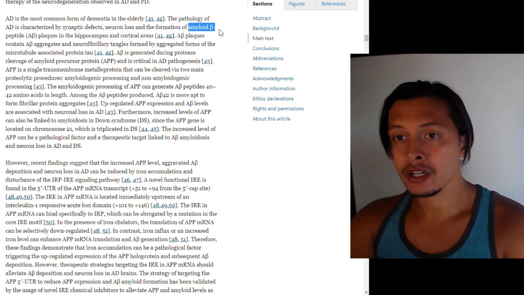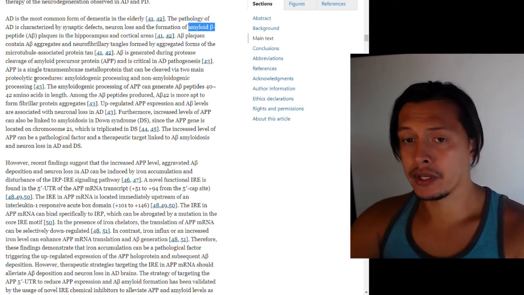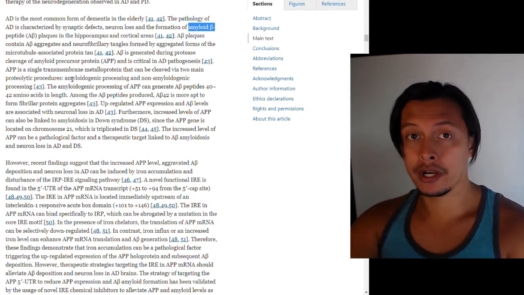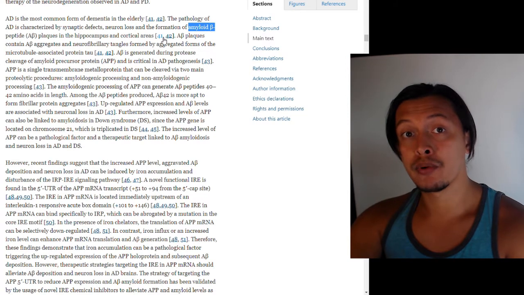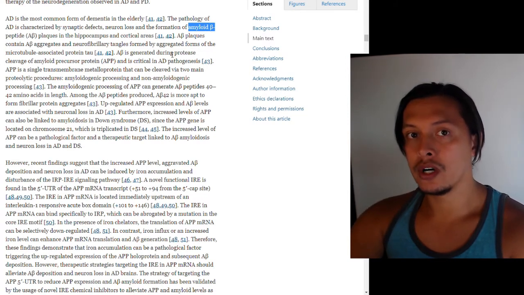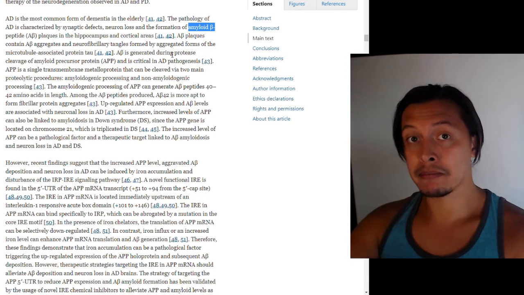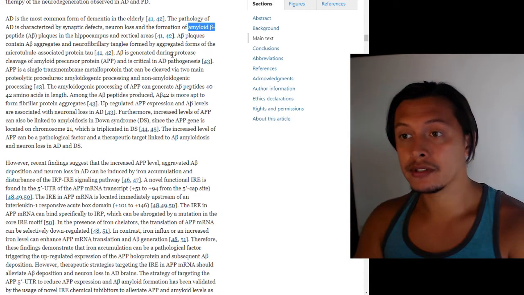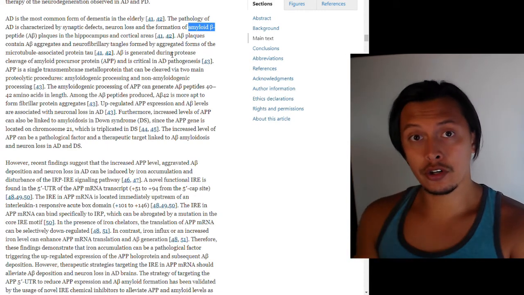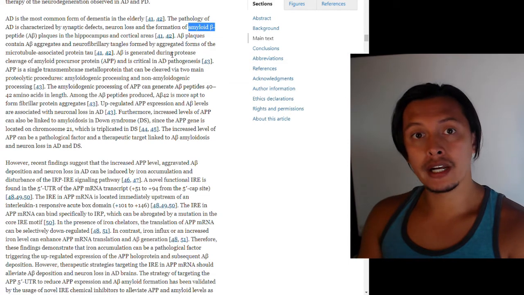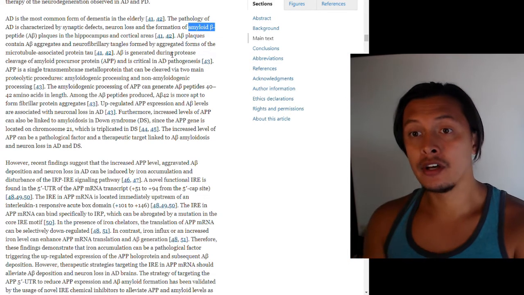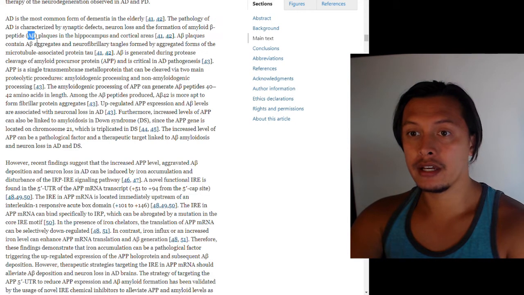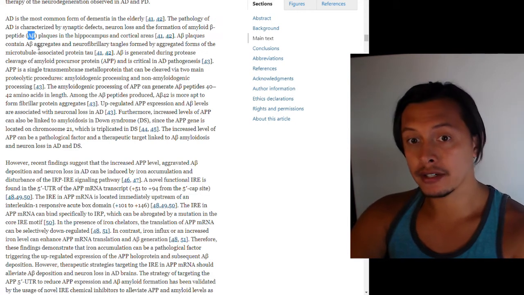So just so you know, your brain frequently produces amyloid precursor protein, or APP, and then that amyloid precursor protein gets proteolytically cleaved into different peptides, or different smaller proteins. Now, certain enzymes will break it up into plaque-forming peptides, which are the amyloid betas.